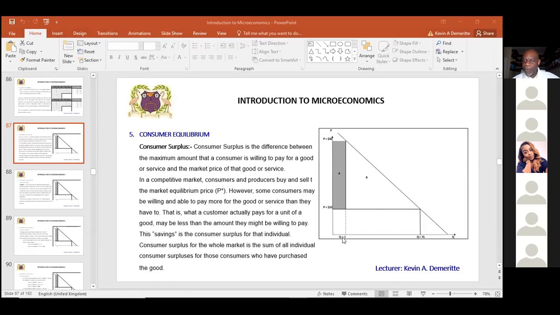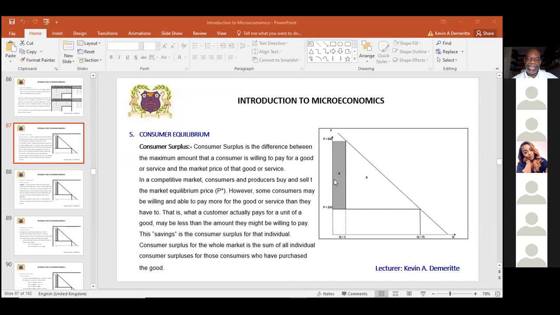So he bought one bottle, and the difference between his 225 and 75 is 150. So this area A, in this case for James, would be the height, which is the 150, times the one bottle that he bought. 150 times 1.